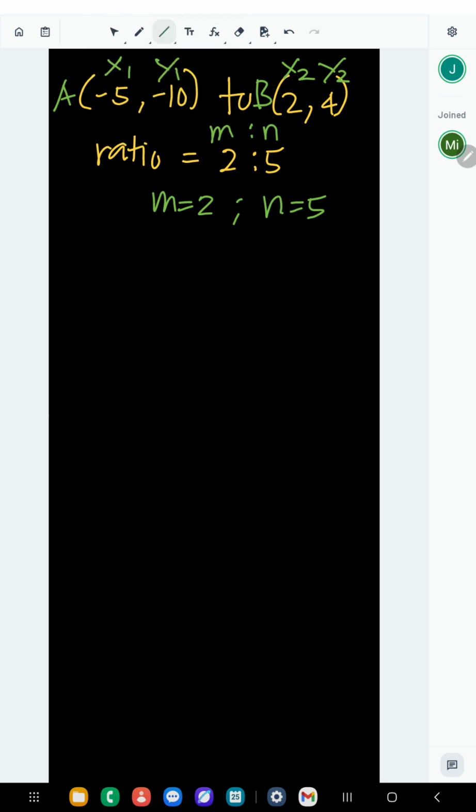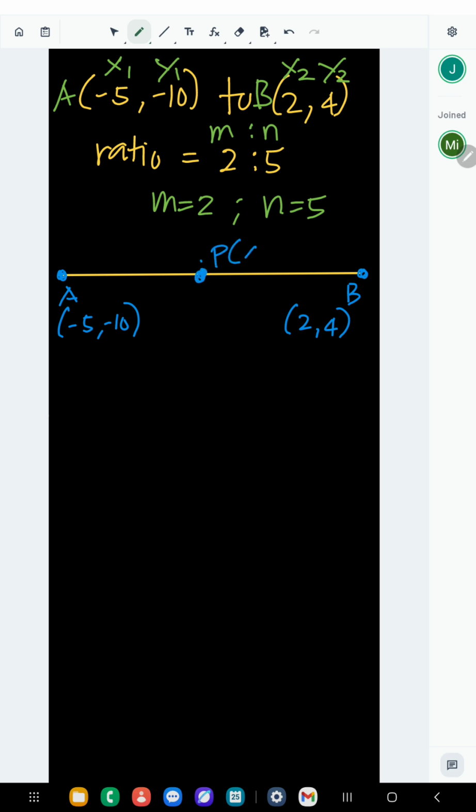If this is our line segment, okay, then point A is -5, -10, and this is point B, which is 2, 4, and we find P anywhere.